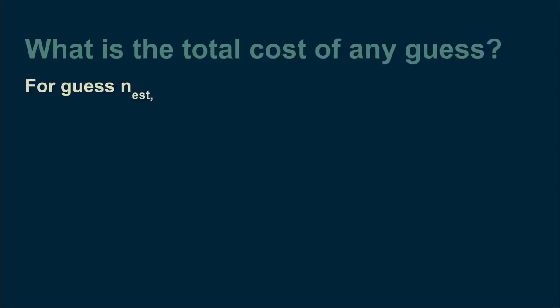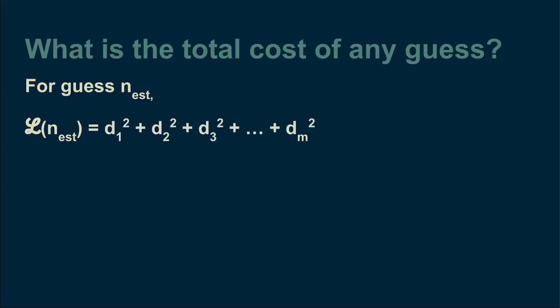So for the total cost of any guess that we make, if I guess n_est M&Ms in a bag, then the loss function, this fancy curly L, of that guess is just adding up the square of the deviation associated with each bag of M&Ms, d1 through dm squared.